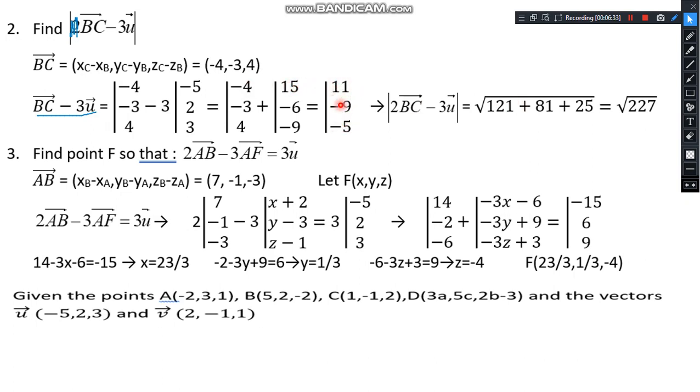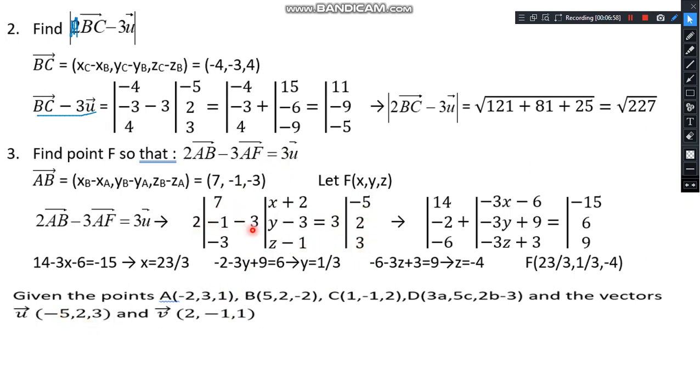So it will be 121 plus 81 plus 25. Now I want to find point F having this relation: 2AB minus 3F. I don't have F, so let us say it's (x, y, z). So it's xF minus xA plus 2, y minus 3, and z minus 1, equal to 3 vector u. This is vector u, (-5, 2, 3).